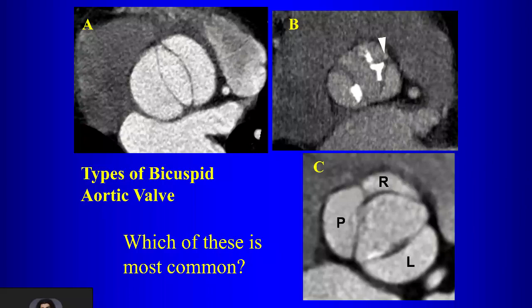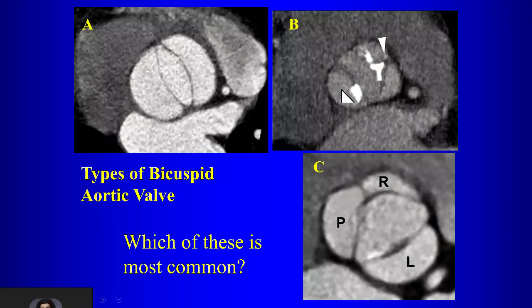So if you're trying to localize, and we've talked about this, the leaflets of the aortic valve, right? To localize them or to be able to name them anatomically, what's the landmark that you start with? The intraatrial septum, right? So you localize the septum. The leaflet that's closest to the septum is which one?